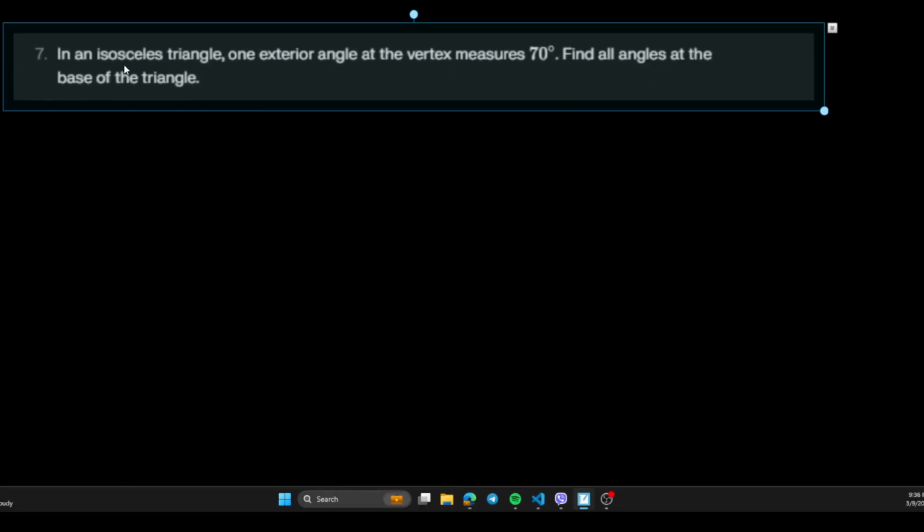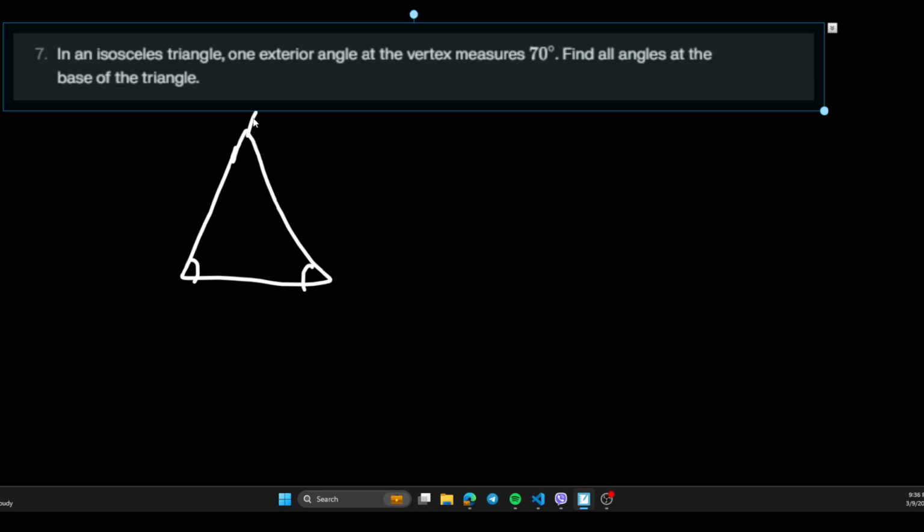Seven. An isosceles triangle, one of the exterior angles at a vertex has a 70 measure. Find all the angles at the base. Isn't that the same question, just rewritten? Not really. You need to find these two angles. So isosceles, so two sides are congruent.